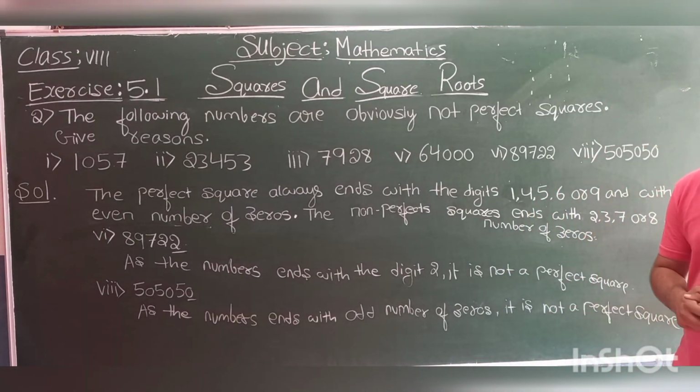As the number is ending with only one 0, that is, as the number is ending with an odd number of zeros, it is not a perfect square.